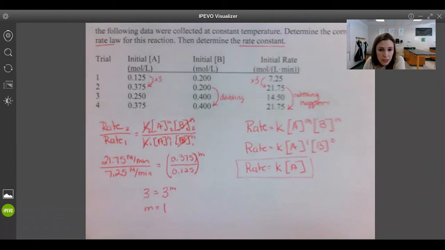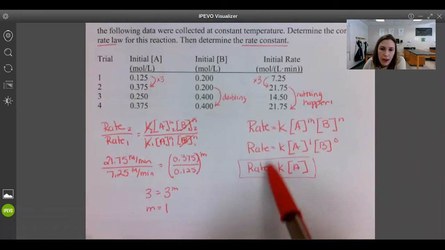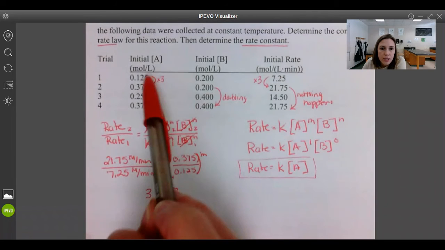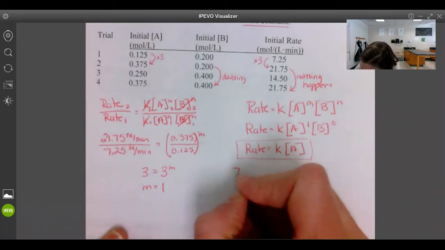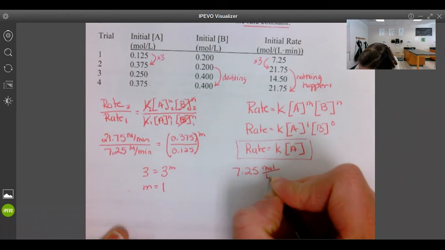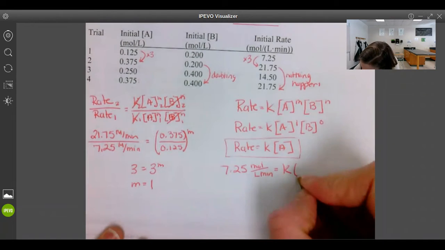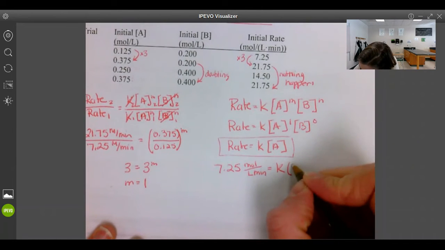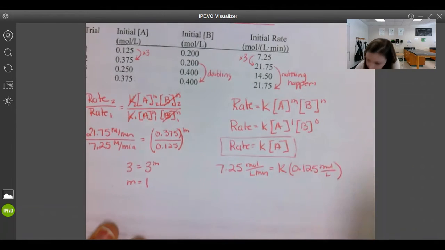Now, to find the rate constant for this, you can pick any trial. I just always go with the first one. It's just out of habit. So I'm just going to be taking the rate and my concentration of A to find my rate constant. So my rate here is 7.25 mole per liter minute is equal to my unknown rate constant, and then my concentration of A in that trial was 0.125 mole per liter.